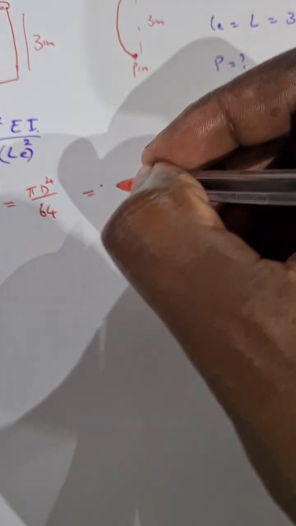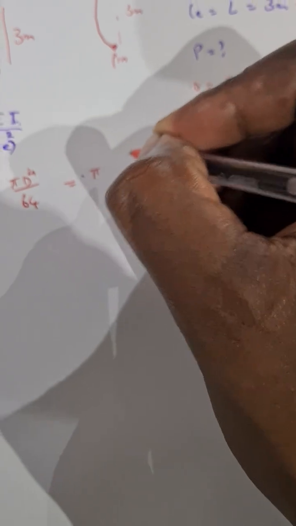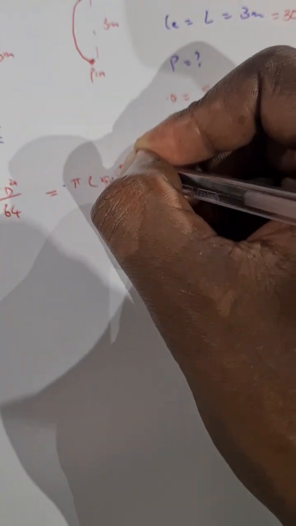You can just substitute it in, but let's calculate it. Pi times D to the 4, 50^4 over 64.